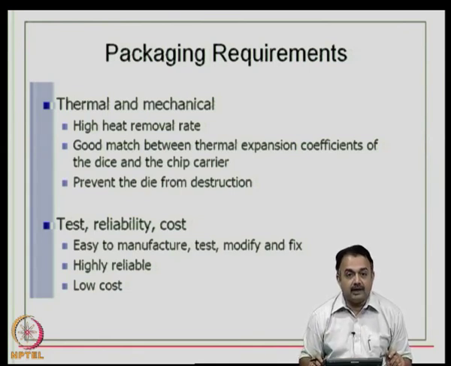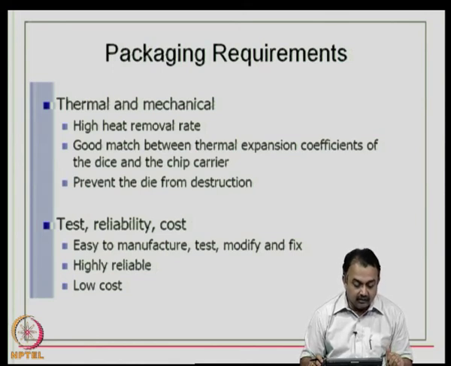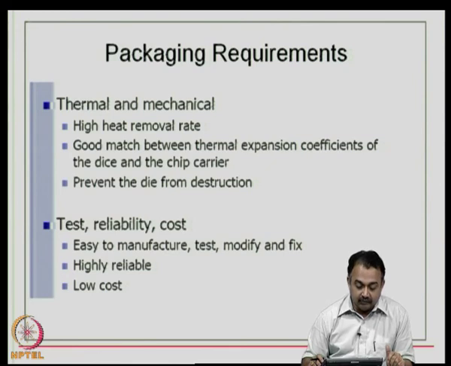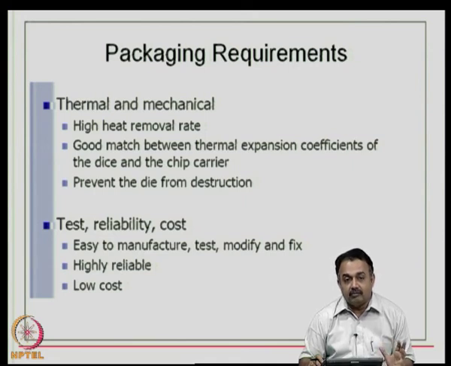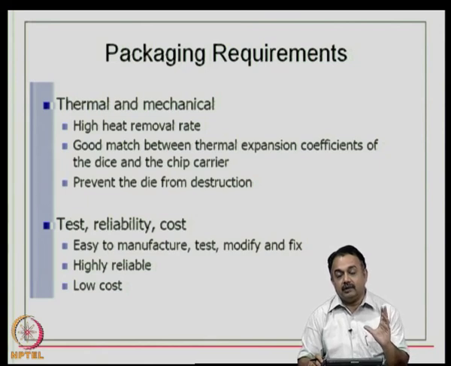One of the important packaging requirements today is that the thermal and mechanical stress needs to be reduced on the device. So, you should have a high heat removal rate, good match between thermal coefficient of expansion of the die and the chip carrier. So, the chip is silicon and the chip carrier can be a plastic. They have different TCEs, that is the thermal coefficient of expansion. Therefore, how do you take care of thermal mismatch when you are using these materials?